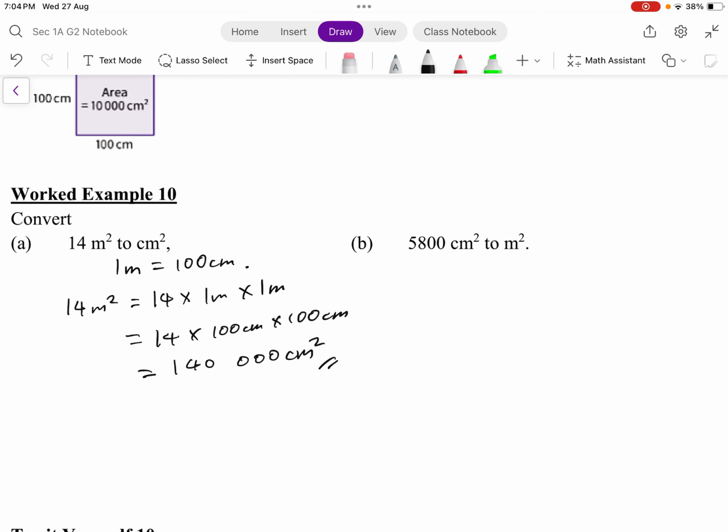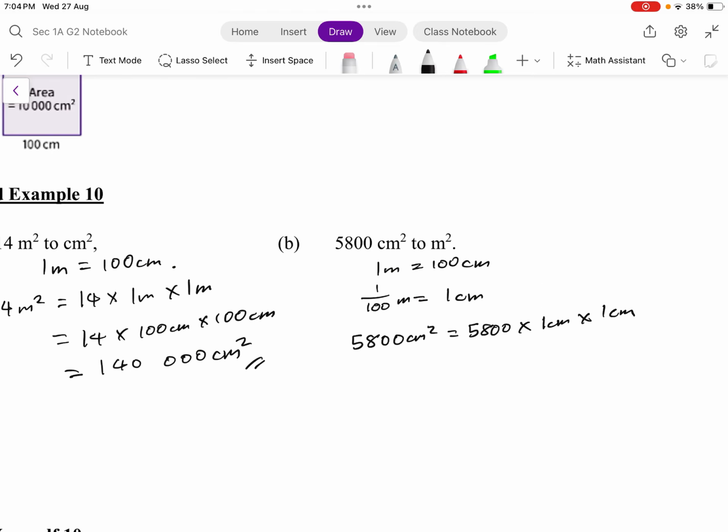From here, since we know that 1 meter is 100 cm, we can also find out that 1 cm is 1 over 100 meter. So 5800 cm square equals 5800 times 1 cm times 1 cm.